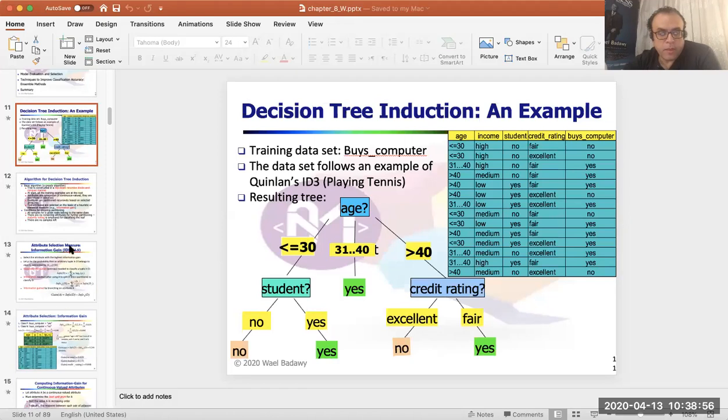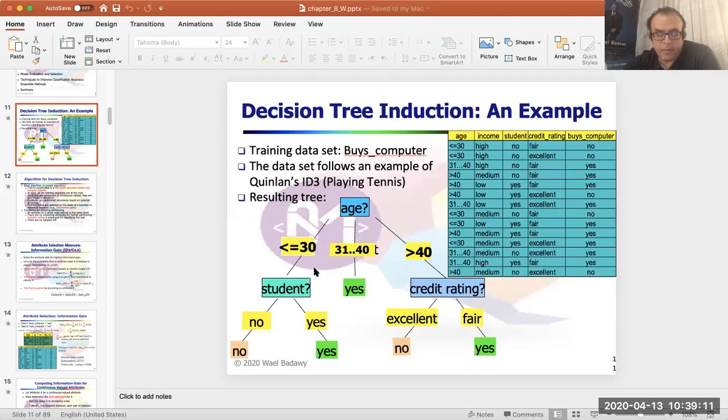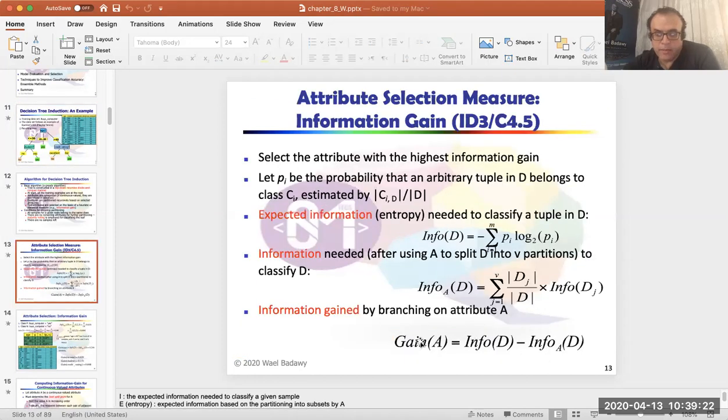So I can compute a new definition called the gain, which is the information itself minus the amount of information needed for D. The gain of adding this branch is the whole set minus the gain of the other branch. This amount of gain is another factor we have to consider.